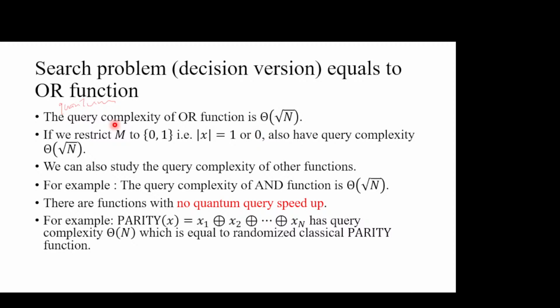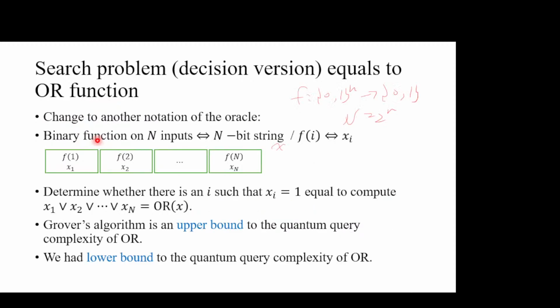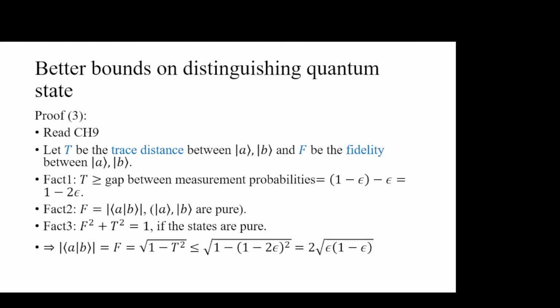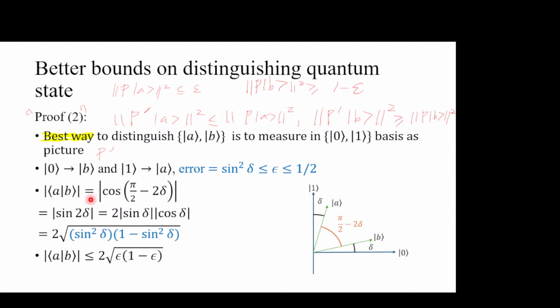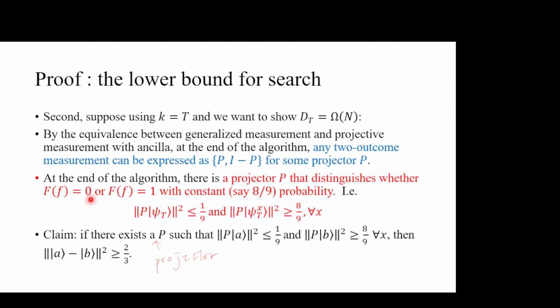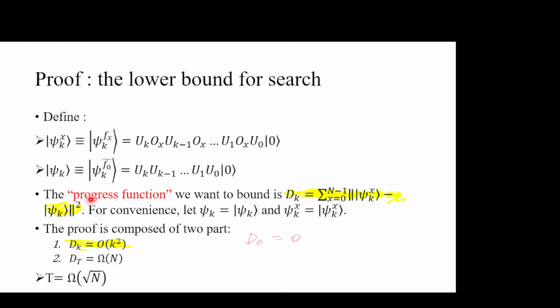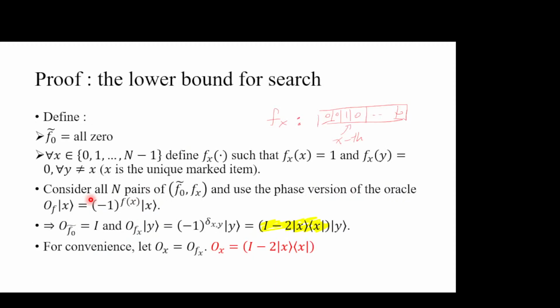Then we also have a query complexity of theta square root of N, because the restriction is actually easier for the upper bound, so the upper bound is still square root of N. For the lower bound, we say we want to distinguish between an all-zero input string and an input that has a 1 somewhere.